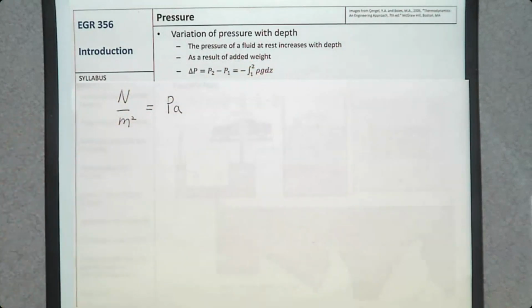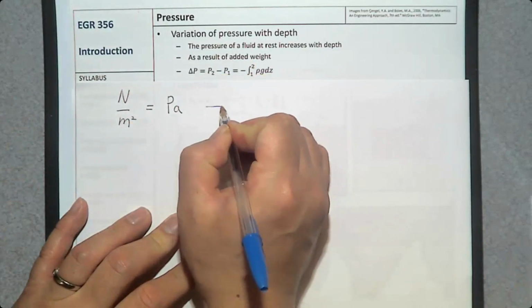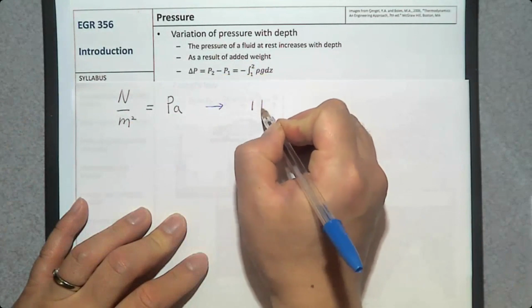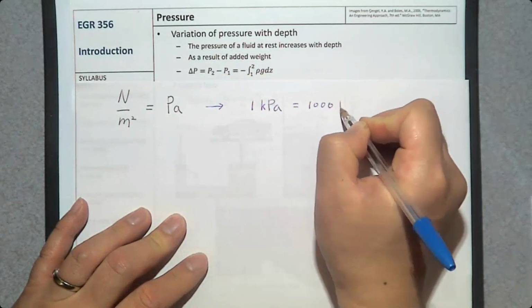So force divided by area is pressure. However, this 1 Pascal is just too small, so we use kilopascal. 1 kilopascal is 1000 Pascal.